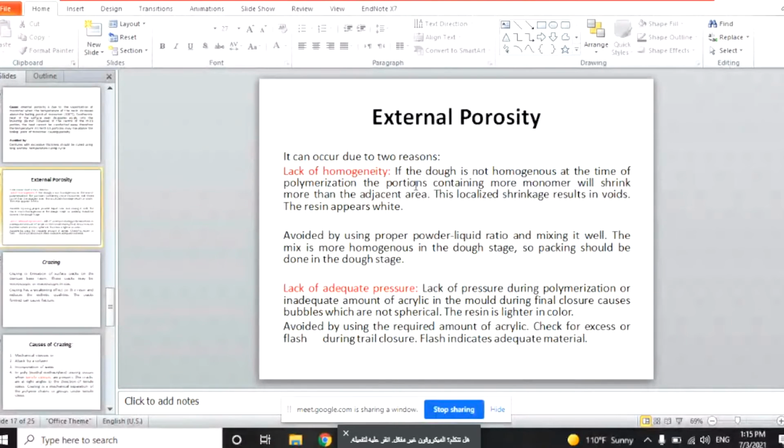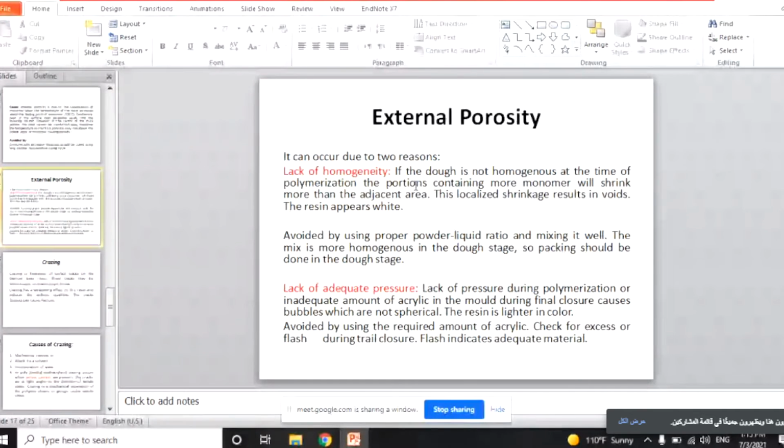When the acrylic resin does not reach the dough stage and you use it before that, it can cause porosity. You can avoid it by supplying the correct powder and liquid ratio and mixing it well.